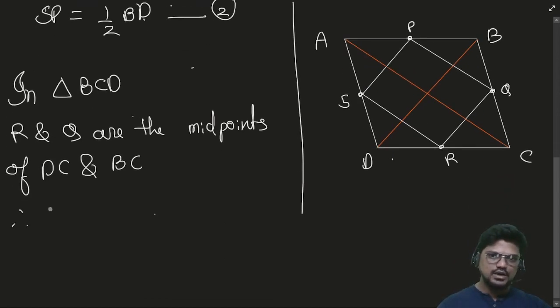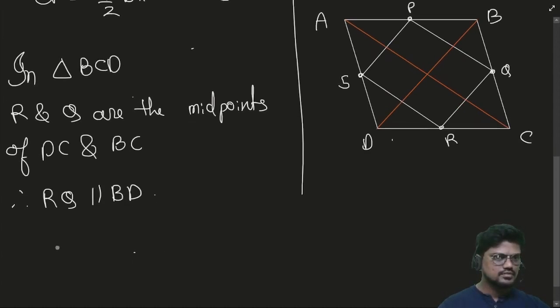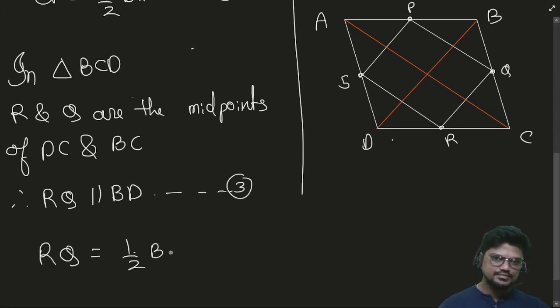Therefore, RQ will be parallel to BD. Yes or no? Let's call this 3. And RQ will be equal to half of BD. Let's call this 4.